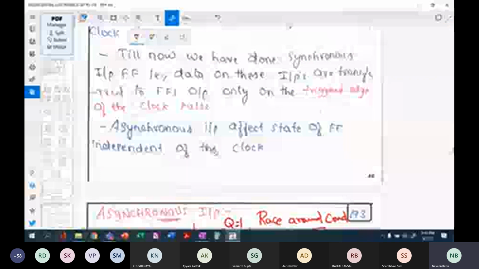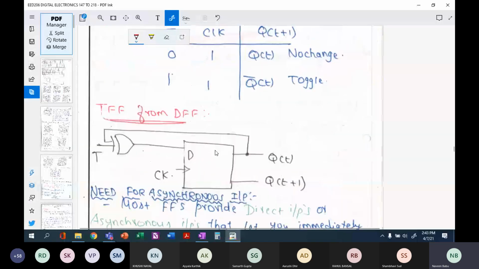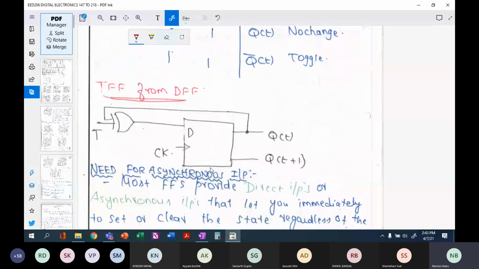If you look at this particular example, we want to convert a T flip-flop from a D flip-flop, which means that this D flip-flop is the source flip-flop you can consider, and this T flip-flop is the wanted flip-flop, right? This is the wanted flip-flop.